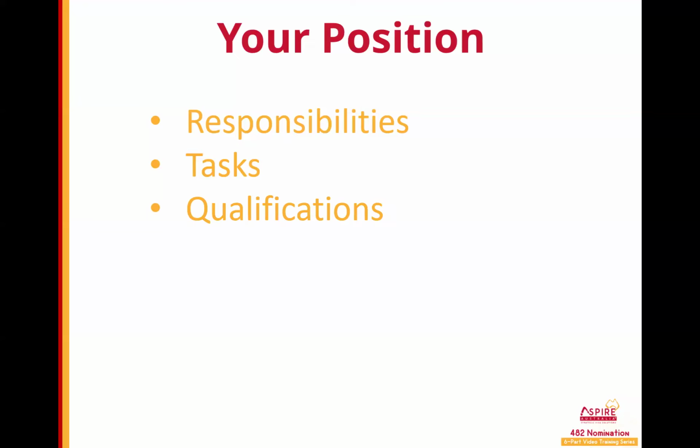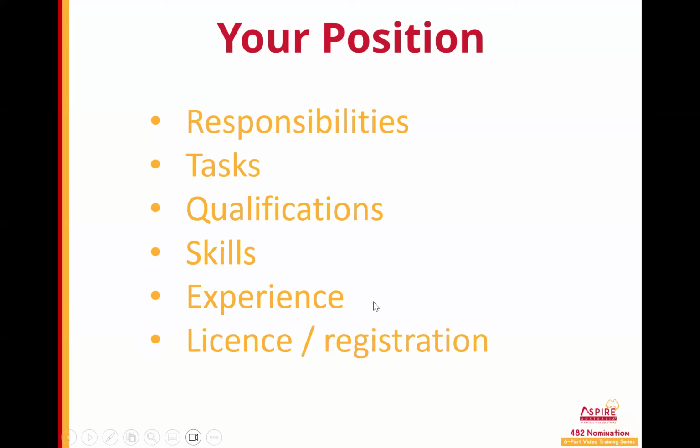What qualifications are required either professionally or by your business for the person to hold? What skills must they have to undertake the tasks? How much experience are you expecting them to have? And is there any license or registration required? Once you've put all these details down in relation to your position, you'll be able to consider whether that position is available for sponsorship under the 482 program.